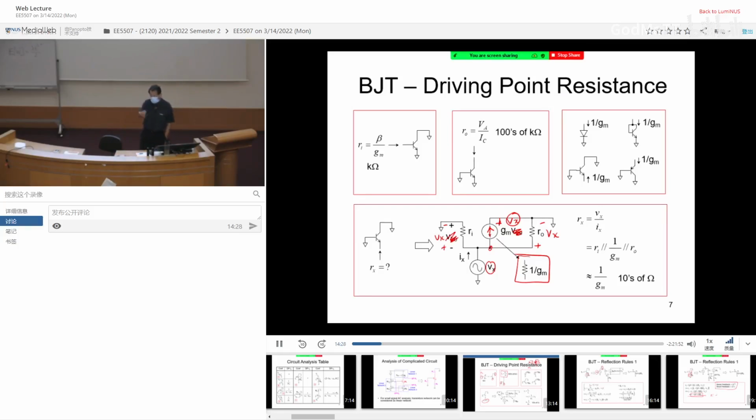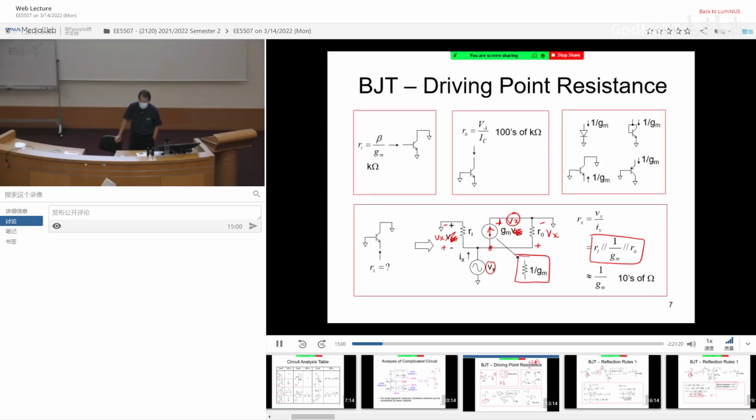So after removing the current source, what do I have? I have 3 resistances in parallel: Ri parallel with 1 over Gm parallel with R0. If you have done your tutorial 1, or many fundamental second year circuit analysis problems, you will know 1 over Gm is usually very small, maybe a few 10 ohms or a few 100 ohms.